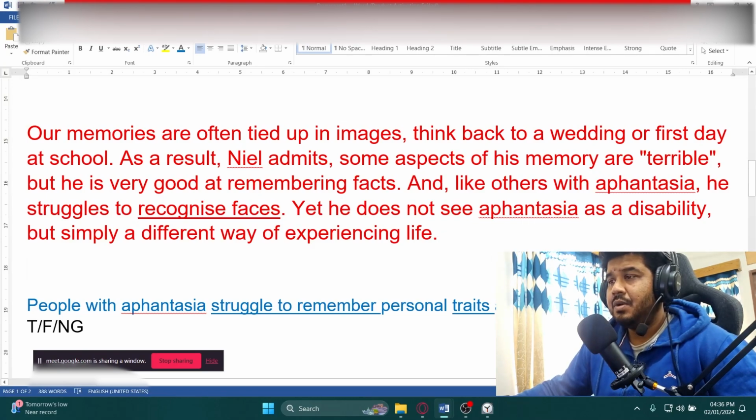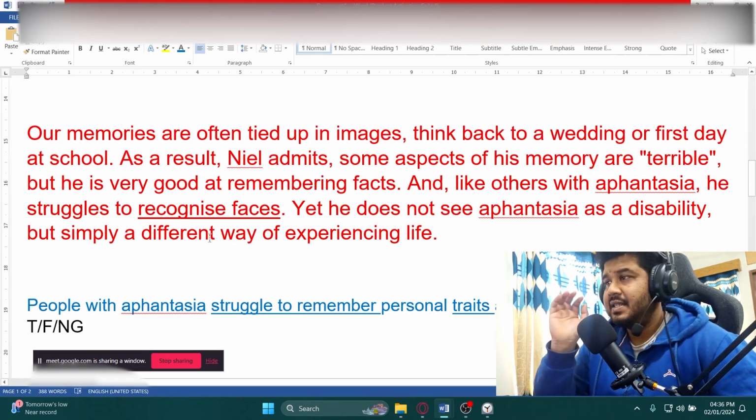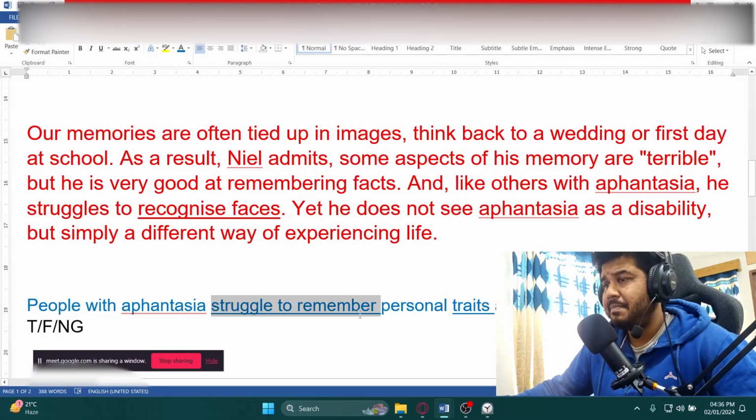Right? So he has trouble recognizing faces. Face, human beings or people's faces. Now the question says, people with aphantasia struggle to remember, right? So what they don't remember? Personal traits. Now the question is, what does the word traits mean?